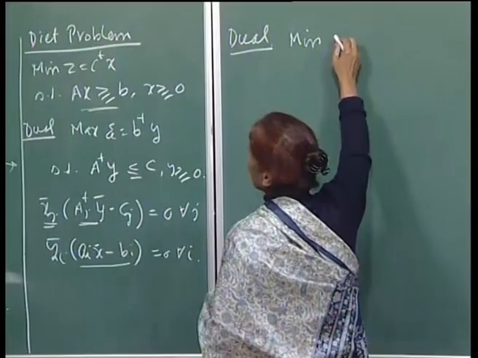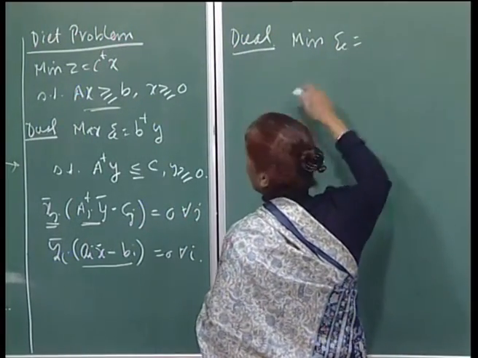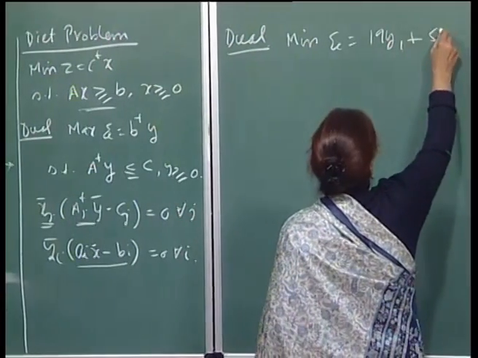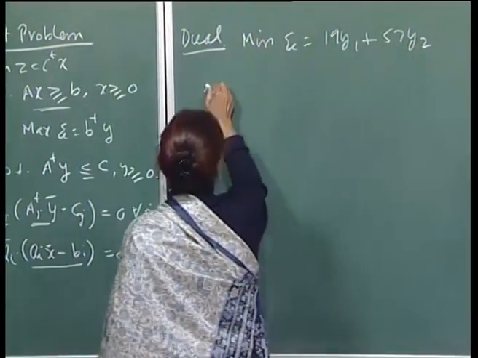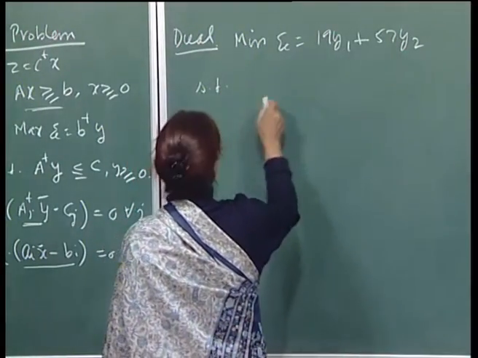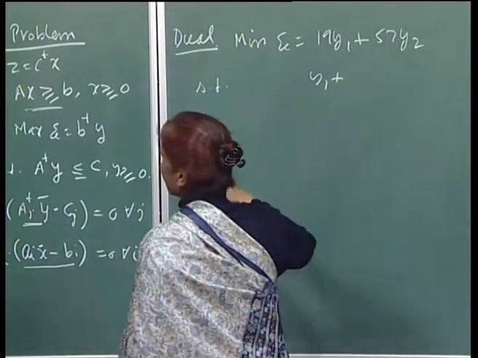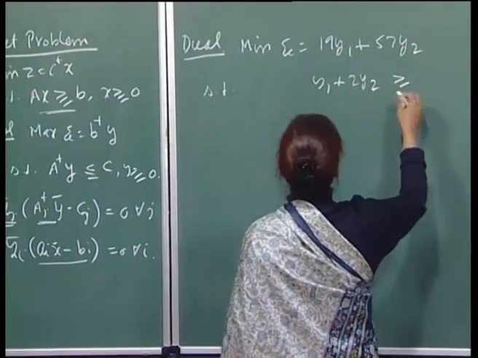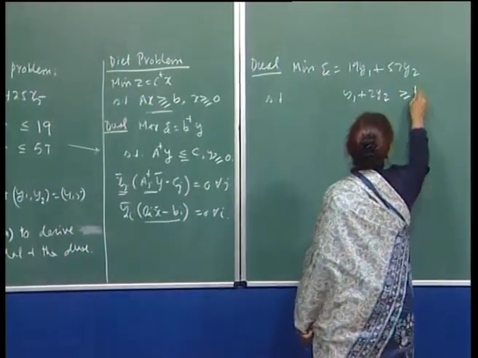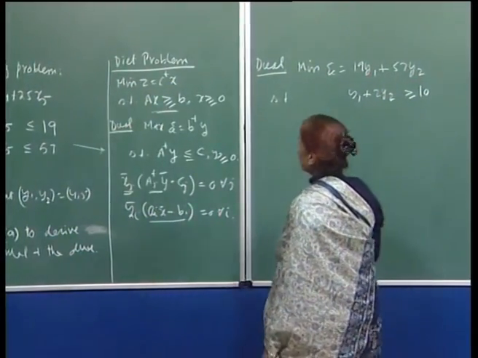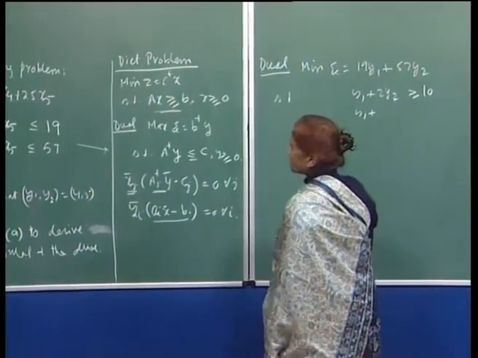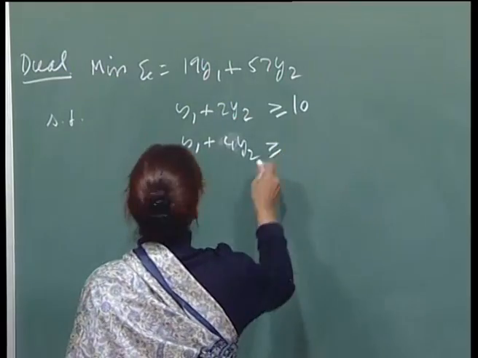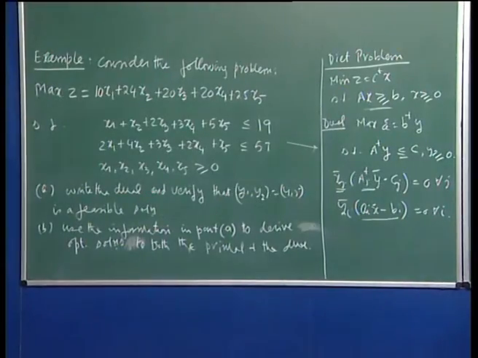So, minimize psi equal to 19 y_1 plus 57 y_2 subject to: y_1 plus 2 y_2 greater than or equal to 10, and the second column gives y_1 plus 4 y_2 greater than or equal to 24.